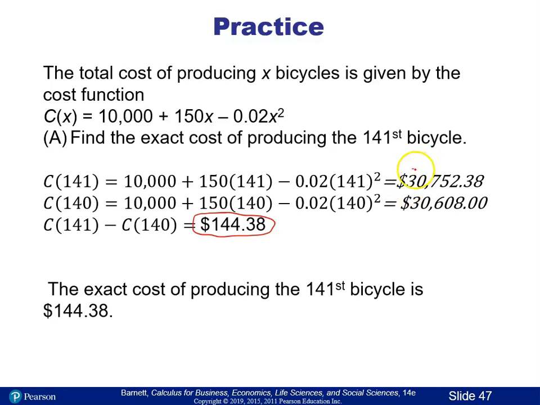So this represents the cost of producing all 141, and this is the cost of producing all 140. If you subtract those two, that difference represents just the cost of producing that one item.